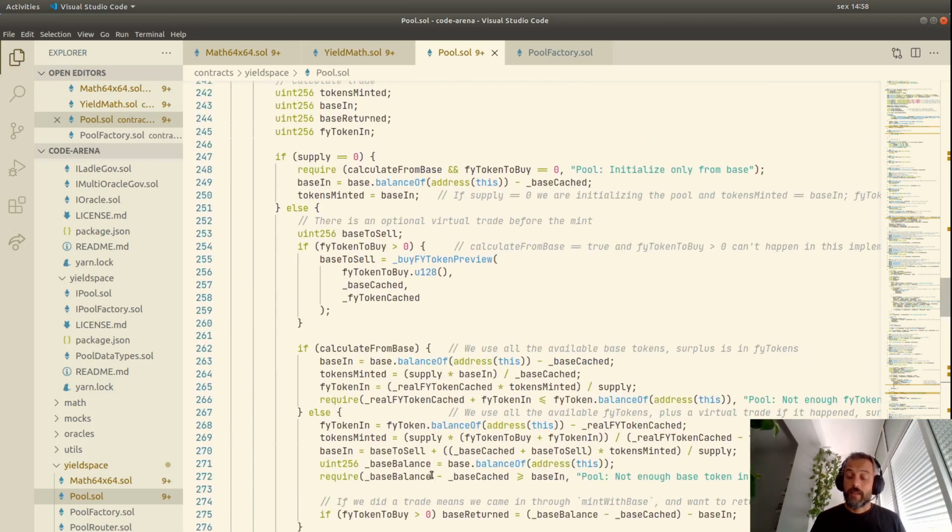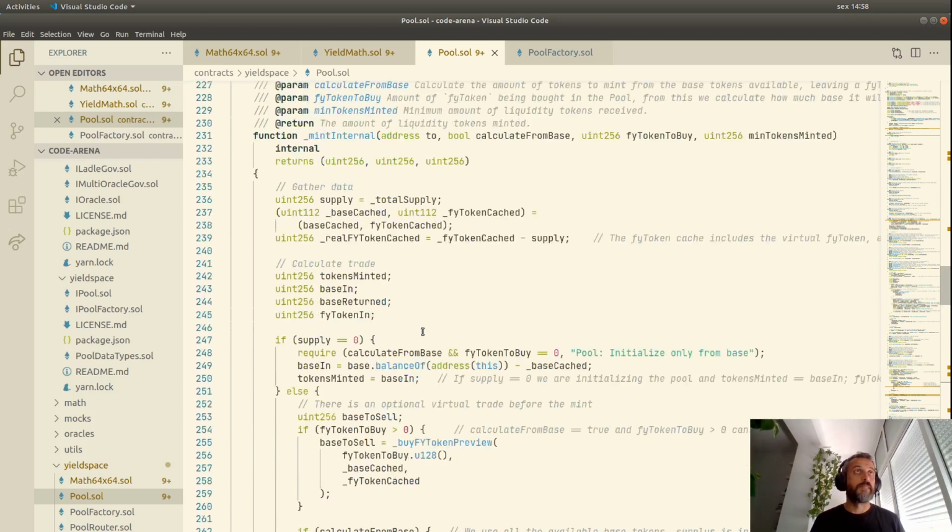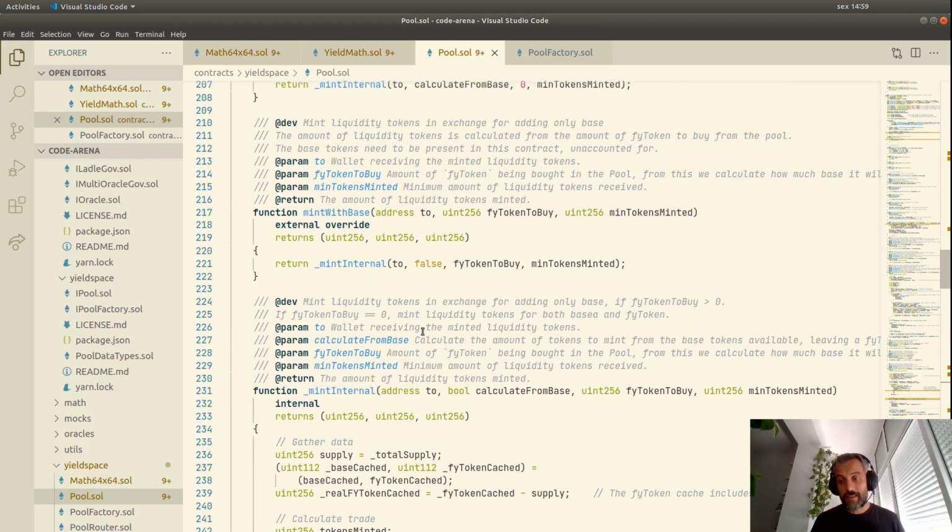And that is the YieldSpace Pool.sol that we use in YieldSpace. It is more complicated than the Uniswap V2 pools for two main reasons.